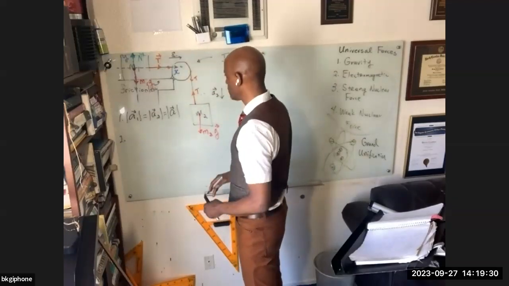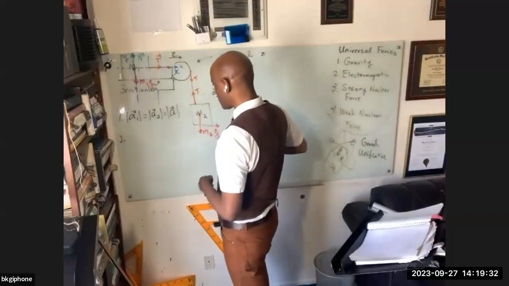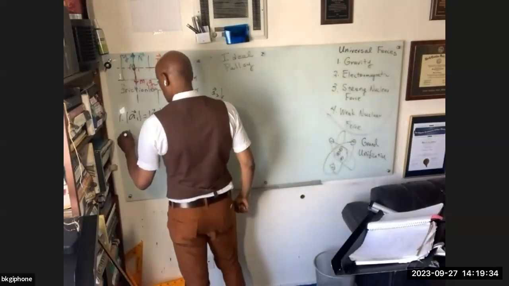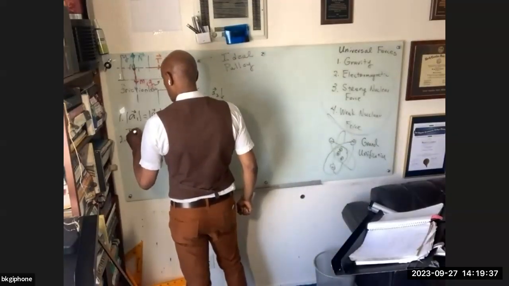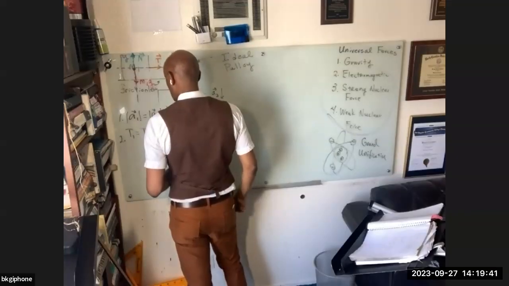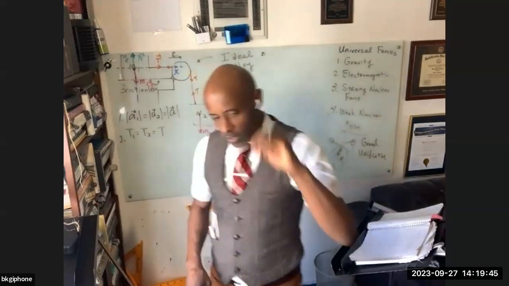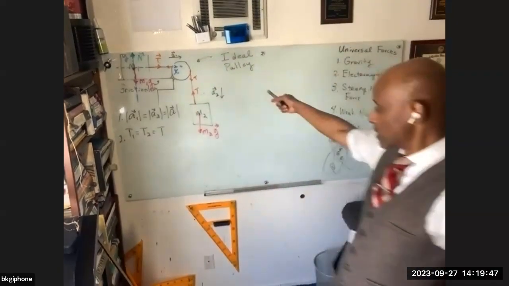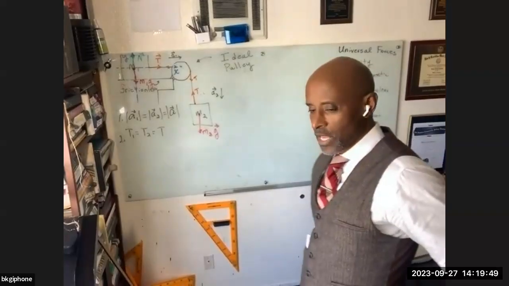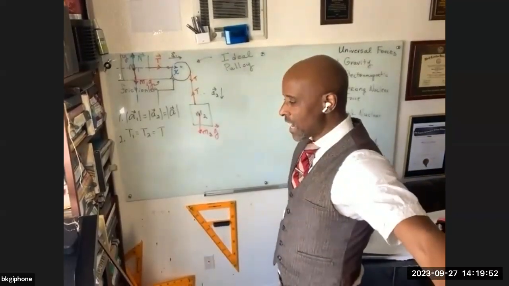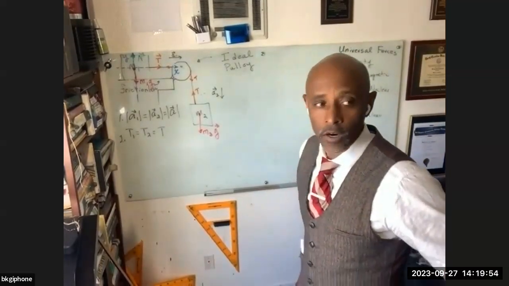They're all T. And that's the point I'm trying to make, that T1 equals T2 just equals T. The tension force is the same for both objects, and that's because the ideal pulley is kind of like we do frictionless surfaces. Ideal pulley is kind of like that.